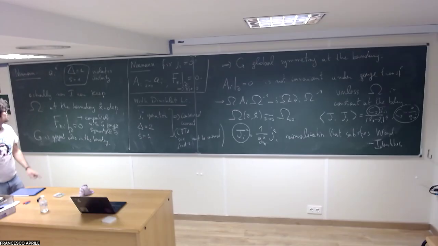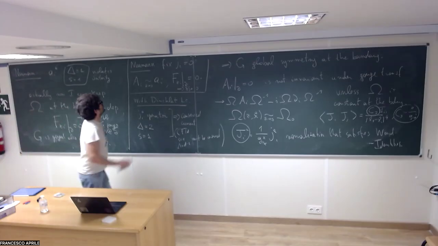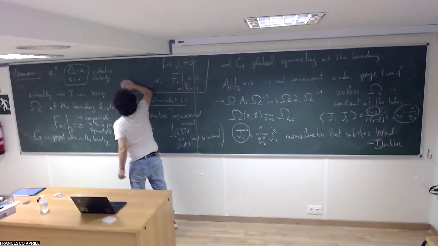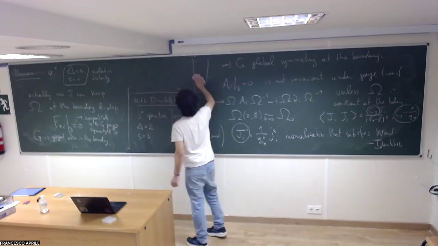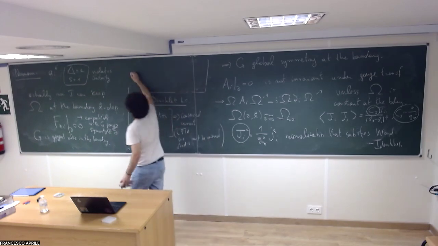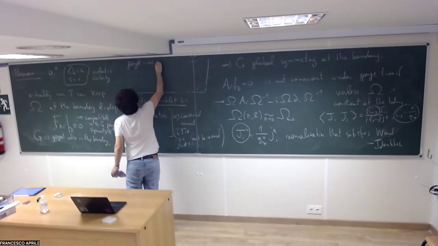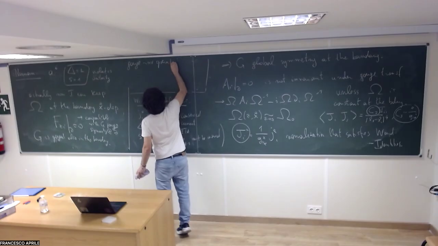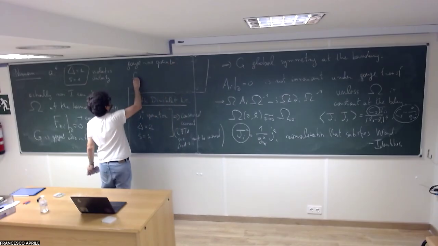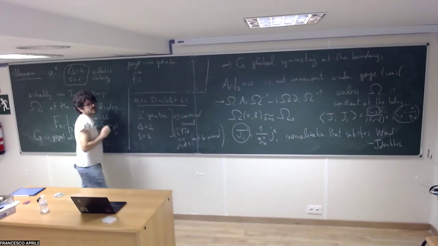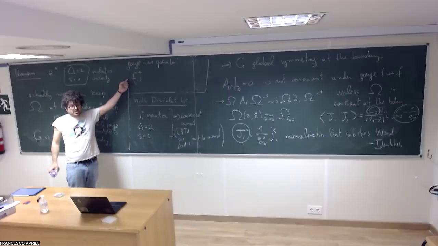So if you want to now obtain some gauge invariant operator, you have to, for instance, start doing the field strength. I mean, the field strength itself is still not gauge invariant, right?